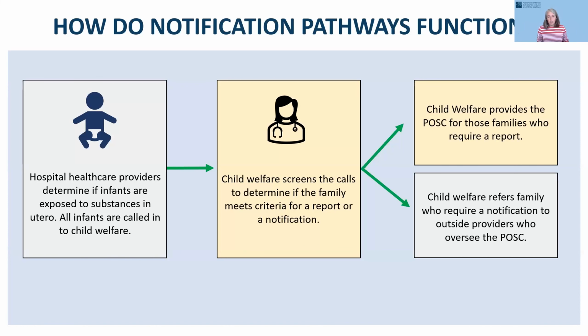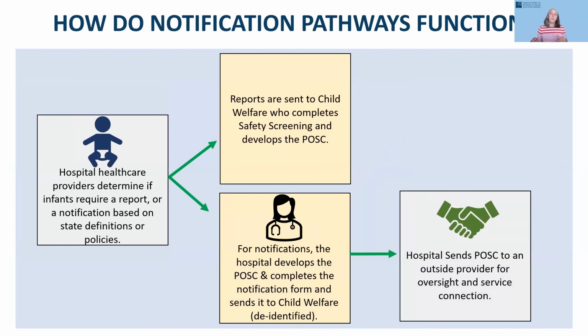The other version of the notification pathway moves the decision upstream to the healthcare provider. So the healthcare provider makes a determination like, yeah, there's some risk stuff here I'm not sure about, I want to call child welfare, or I'm not really seeing any concerns here. There's some exposure that happened, but I'm not seeing any risk or safety concerns. If they call child welfare, it proceeds as usual. Child welfare does the screening and usually does the plan of safe care.